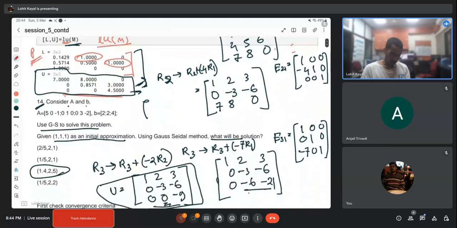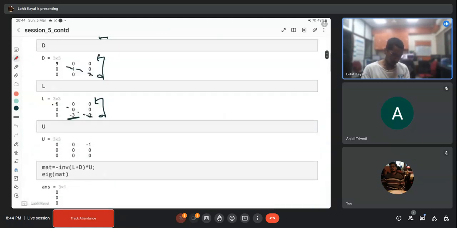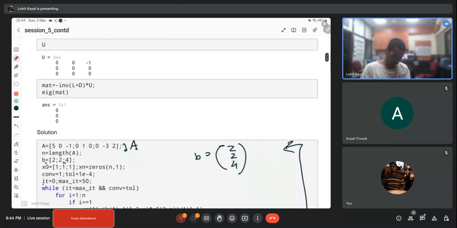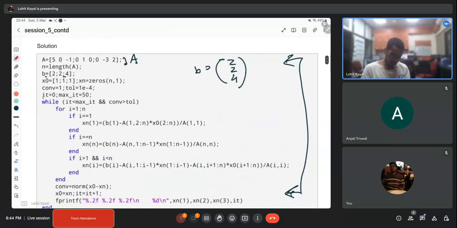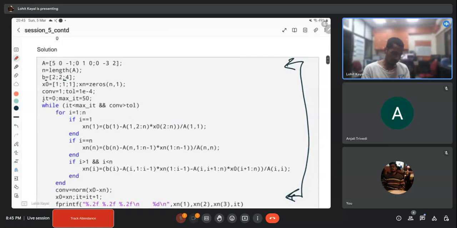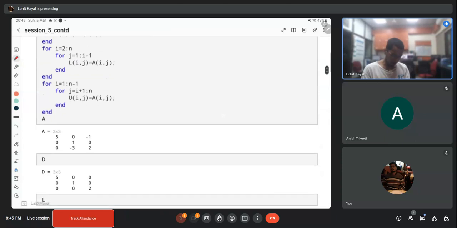The rough calculations will remain here, but I will make sure that I do not overwrite anything in the code itself, otherwise it will be difficult for you to understand it. Just before finishing today's discussion, I will briefly go over the Jacobi and the Gauss-Seidel code, so that there is no confusion about it.